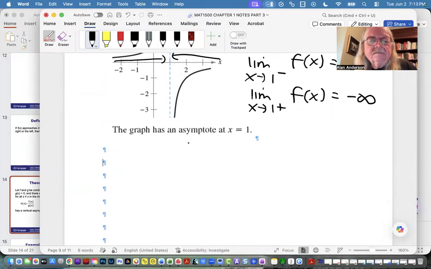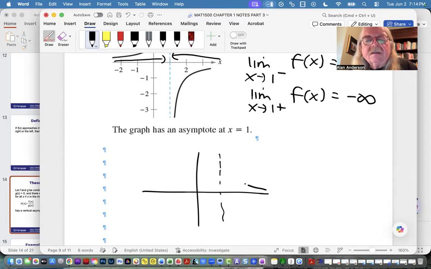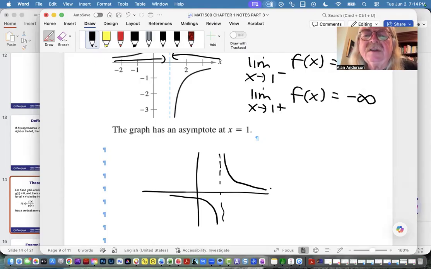Because coming from one direction, the function is approaching positive infinity, and coming from the other direction, it's approaching negative infinity. We've seen that in these last couple of examples, and so that's how we know that this must be an asymptote.